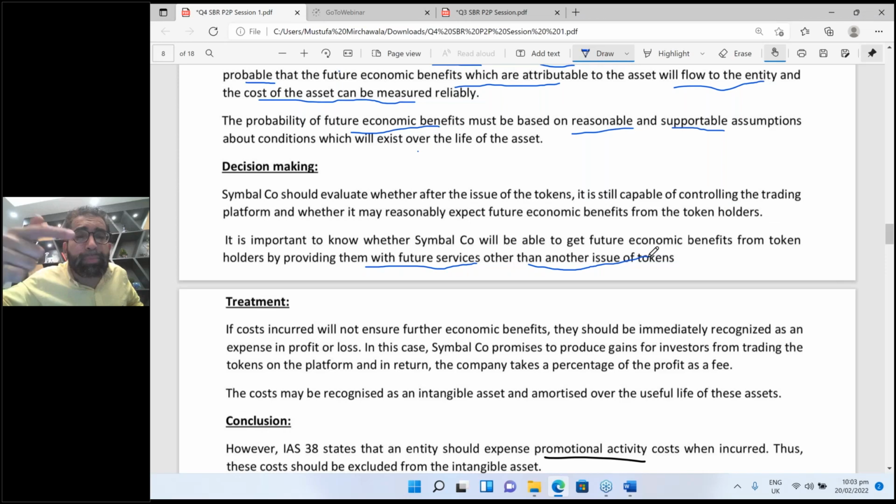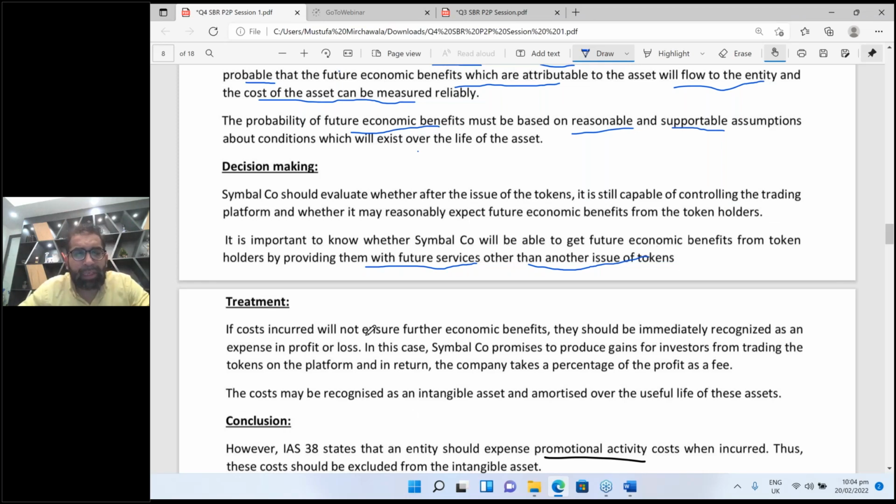That's a separate activity, and then the trading platform will make us earn. We'll get the profit share from the trading platform. So it's a separate economic benefit from the trading platform. That's why the development cost of the trading platform may be capitalized.